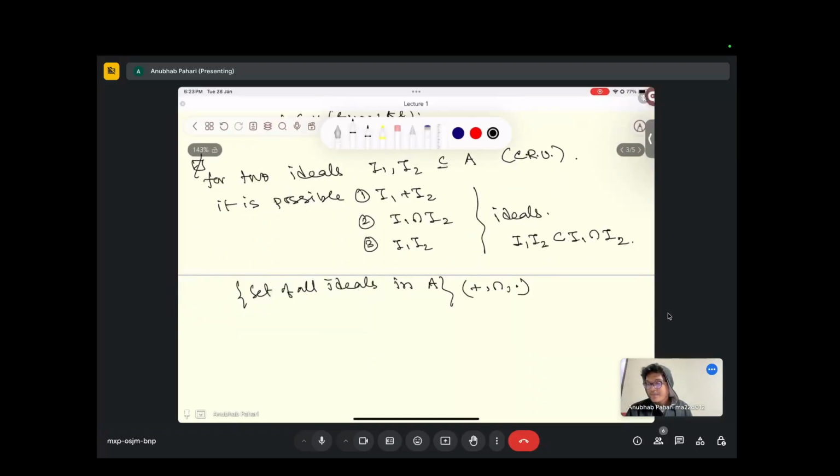Now also we have defined what an algebraic set is.